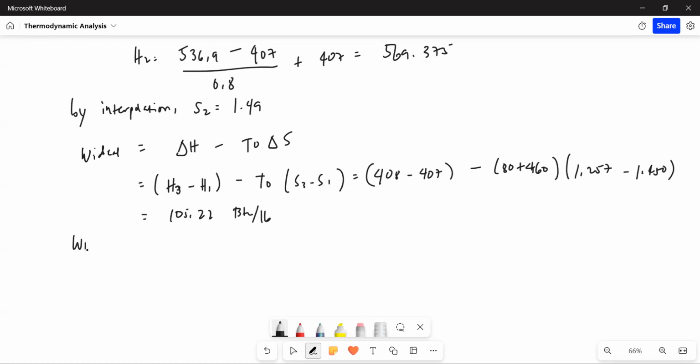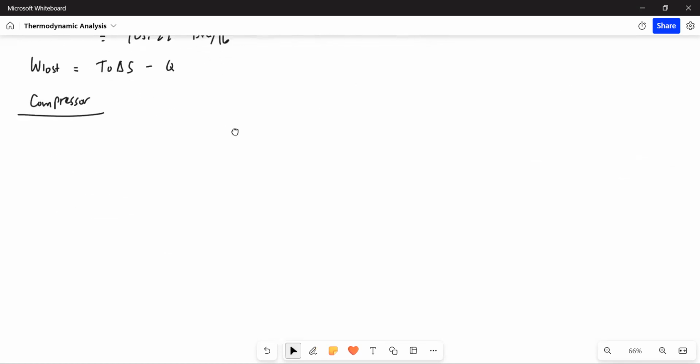Now for the work loss, we do this step by step for each of the devices. And the equation is T naught times delta S minus Q. First, let's look at the compressor. So work lost is T naught times (delta S minus Q).